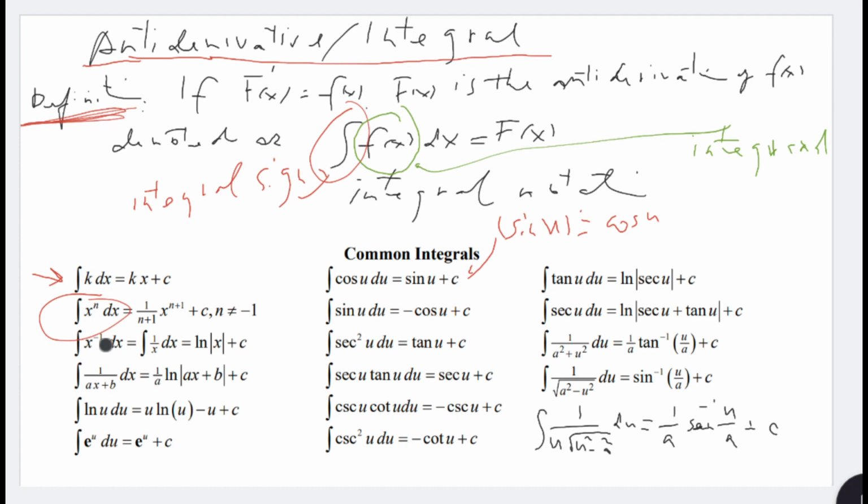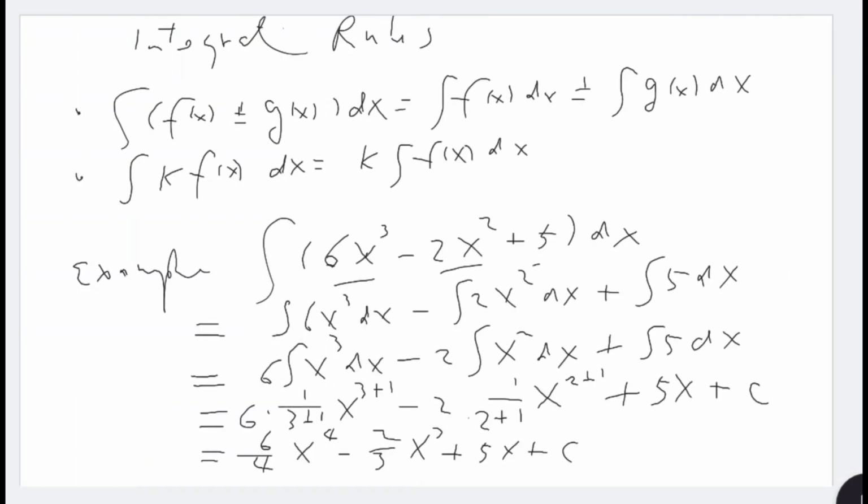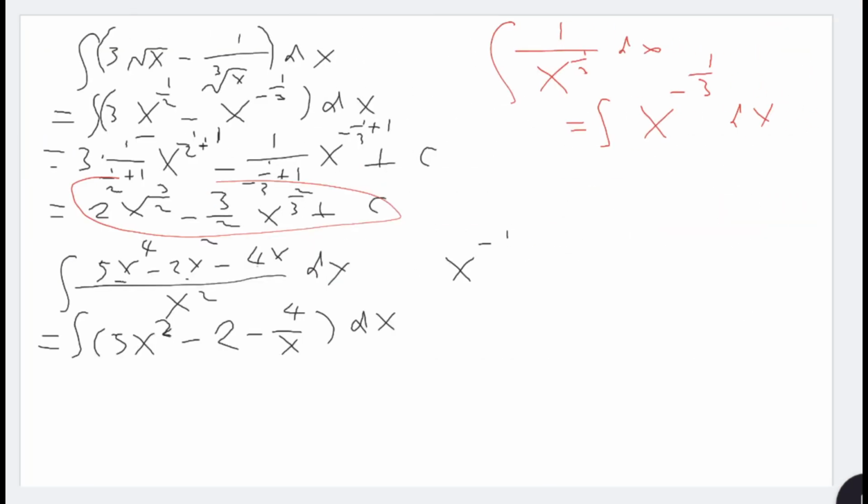So if the power is -1, write it as 1 over x, and the answer is a logarithmic function, rather than another power, n plus 1. Cannot have n plus 1, because in the formula, if n is -1, the denominator is 0, so the formula fails. Okay, so when it's negative first power, leave it as 1 over x. There's a special formula for that.